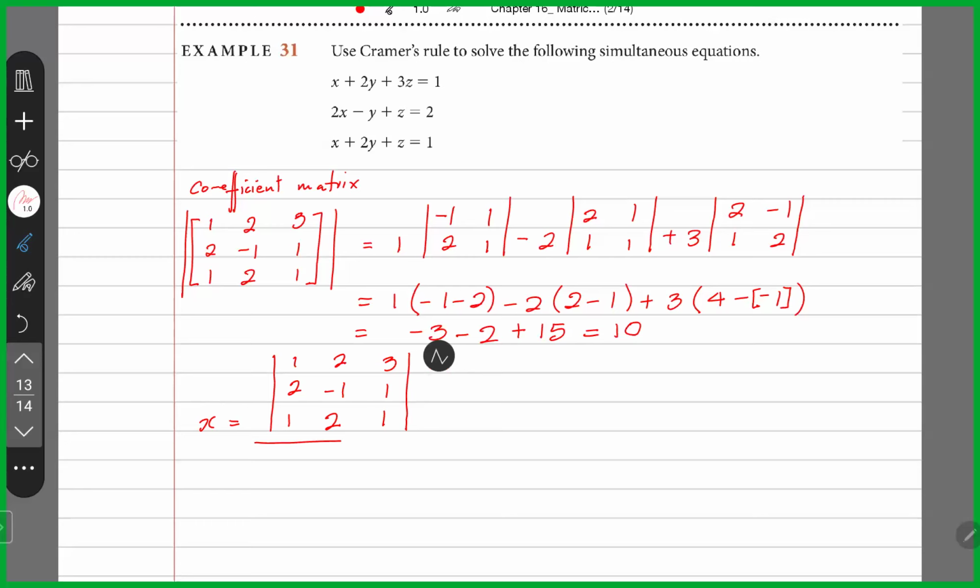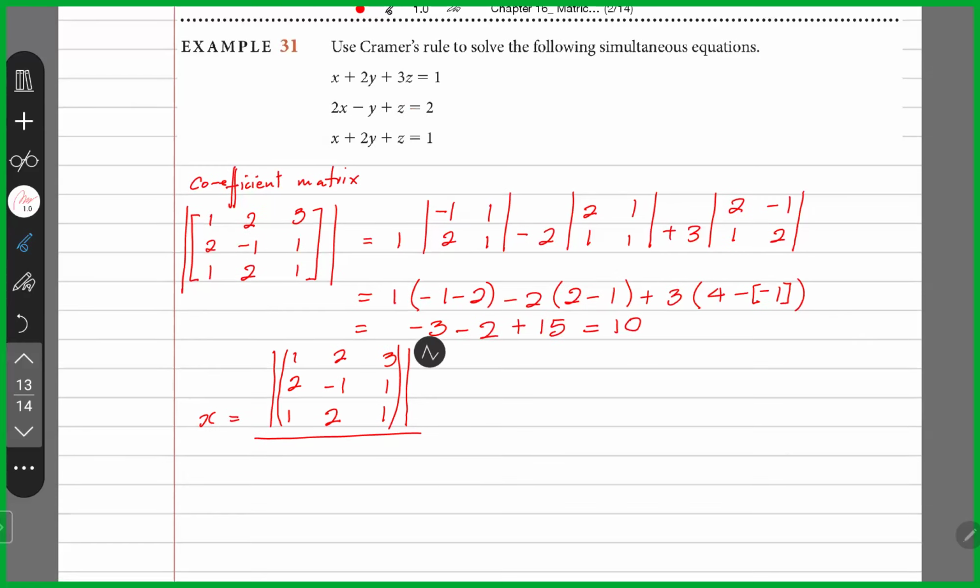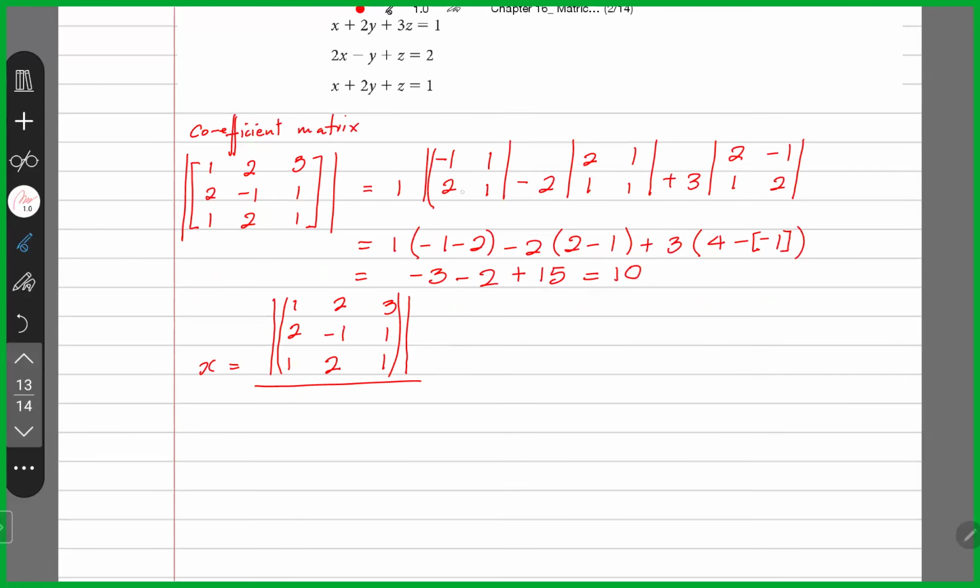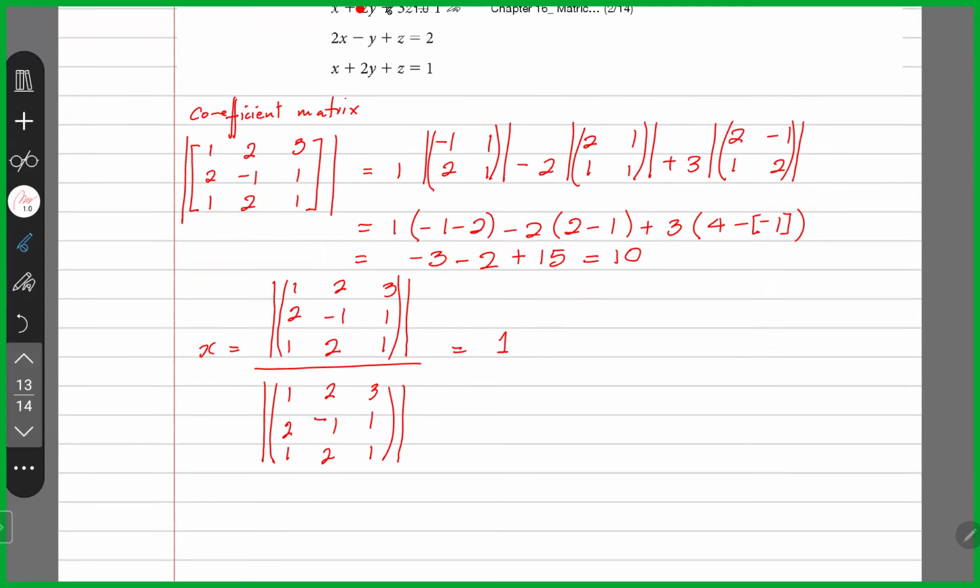Divide by the determinant of the coefficient matrix, which would be 1, 2, 1, 2, -1, 2, 3, 1, 1. If you look carefully, you'll see that the numerator and the denominator are the same. So if you divide something by itself, the answer is 1.